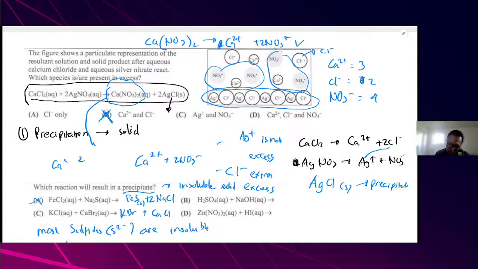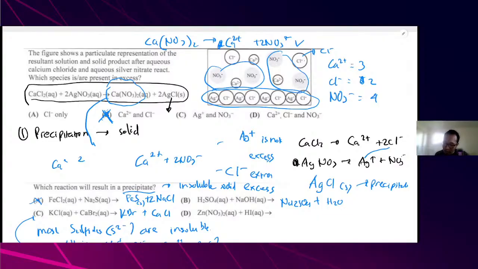Remember, all ions in this case, which are K plus, Cl minus, Ca2 plus, and Br minus, are soluble. How about this one? It will give us H2O and then Na2SO4. All products are aqueous or liquid.